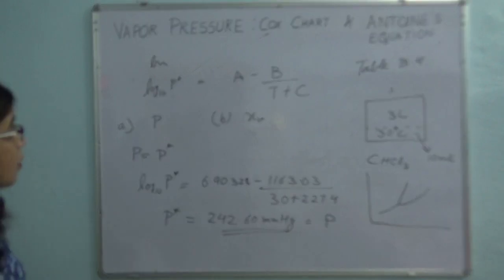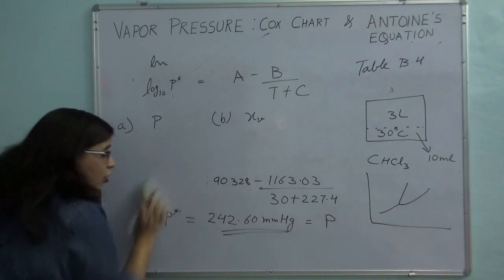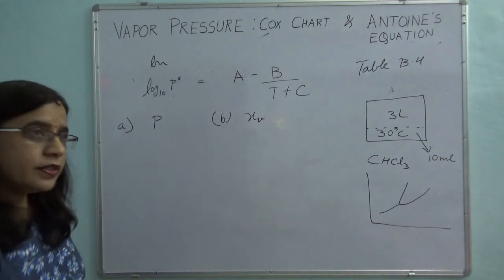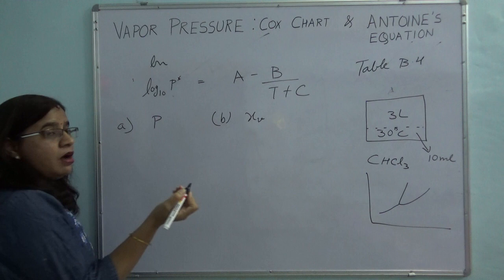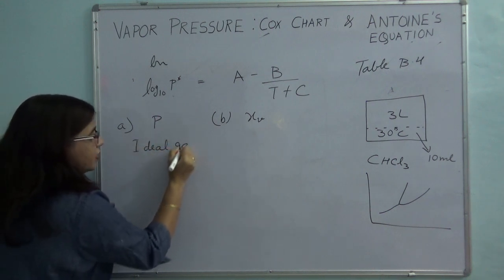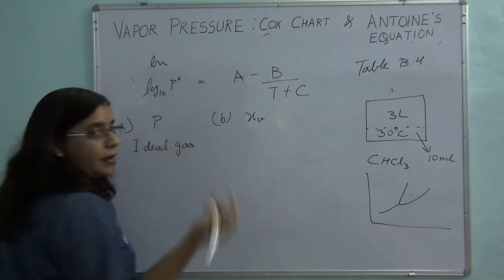Okay, now I have to calculate the mass fraction of the vapor phase. For that I am going to assume that the vapor phase follows the ideal gas equation. Okay, that's a fair enough approximation.